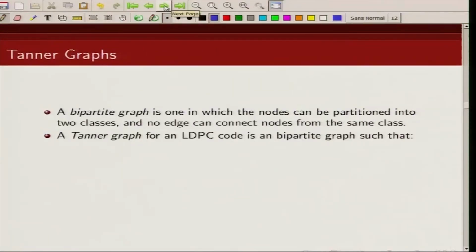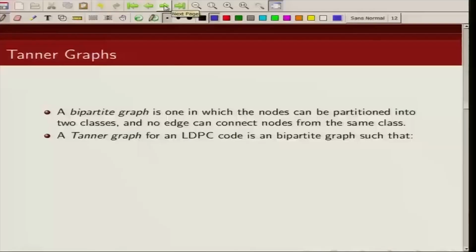Now, we can represent this parity check matrix using a bipartite graph, and this bipartite graph representation of the parity check matrix of a linear block code is known as Tanner graph, named after Michael Tanner. So, what is a bipartite graph? In a bipartite graph, the nodes can be partitioned into 2 classes.